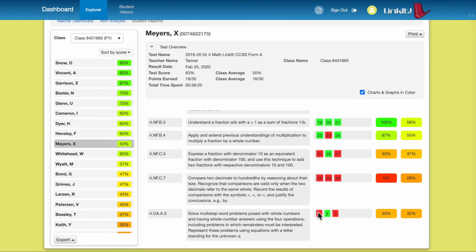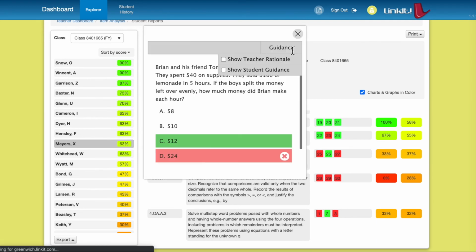Can do the same thing we did before, which is click on any question and get the correct answer, the incorrect answer, and the guidance.